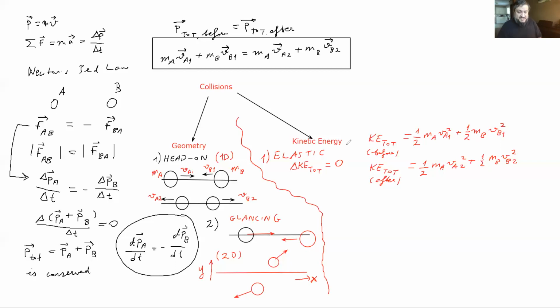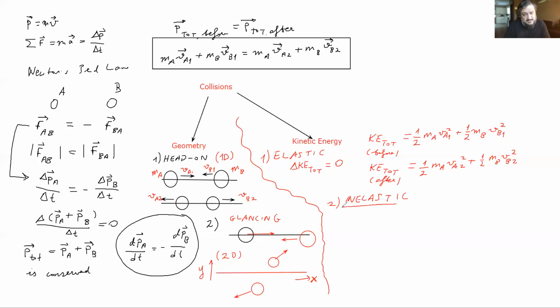The object changed shape, which requires energy. These are all changes in internal energy in a way. So kinetic energy in real life is almost never conserved, but for practical problems, billiard balls could be considered elastic.